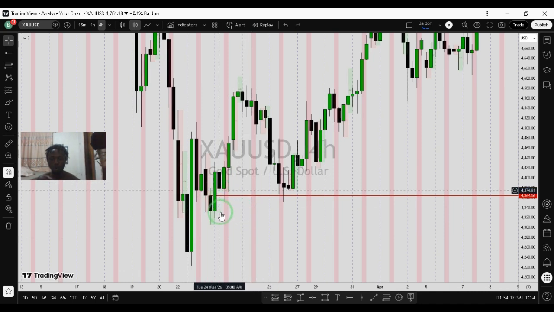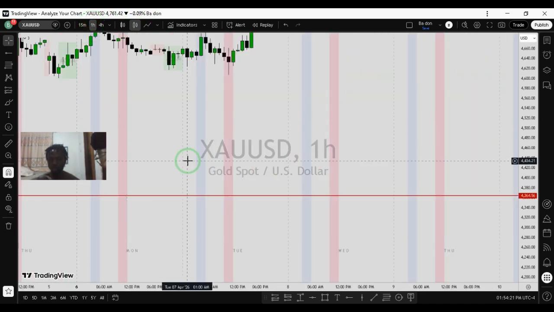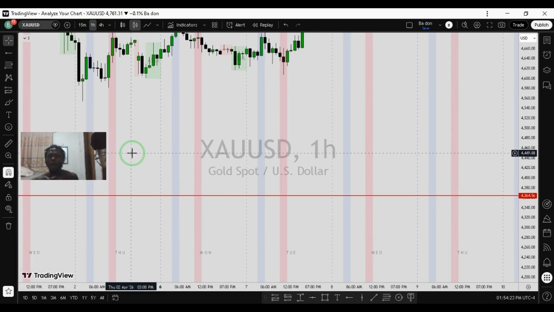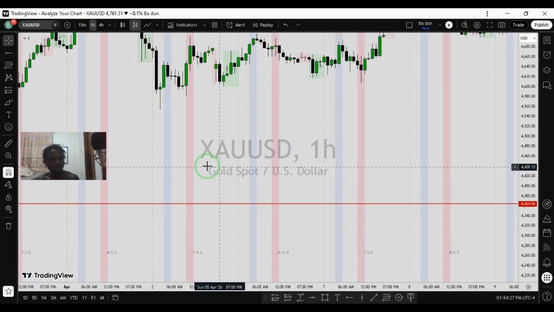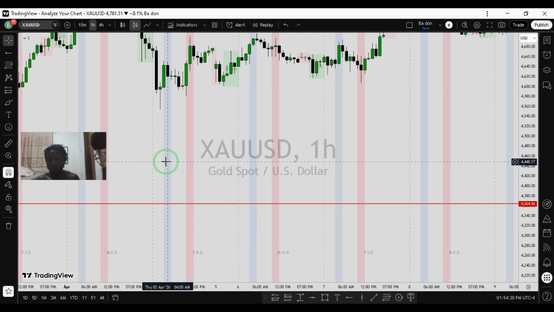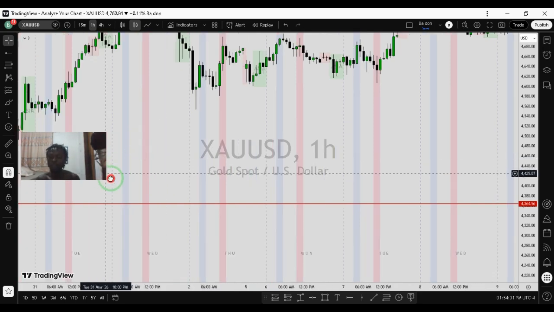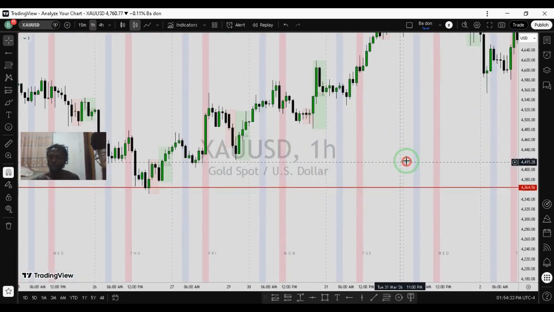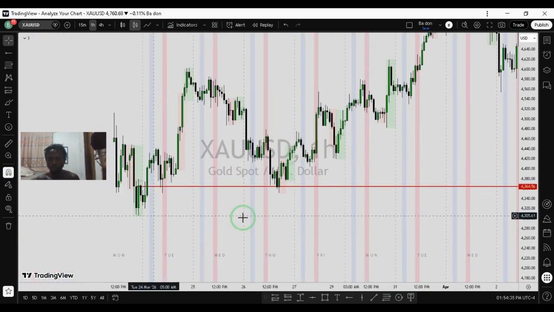So now we go on to the 1-hour time frame. We are looking for an order block that has a fair value gap, the first order block that created a fair value gap after the rejection from our POI. That's what we are looking for.